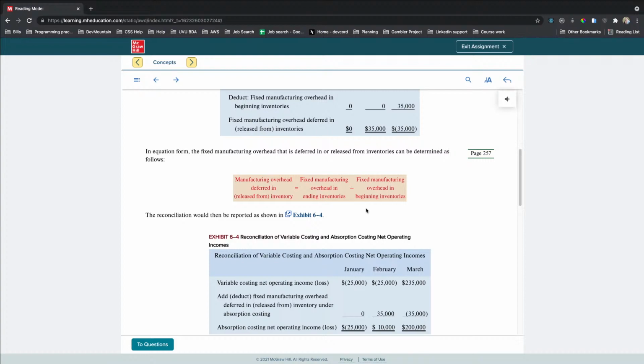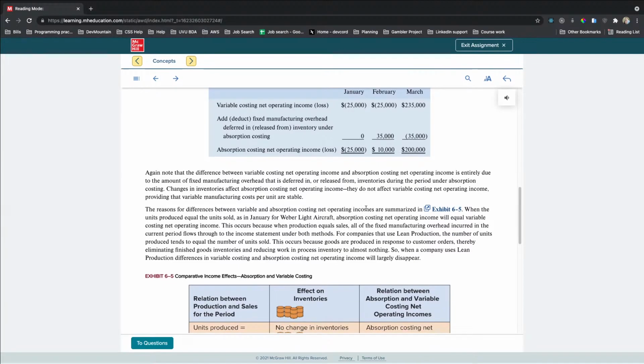If we say fixed manufacturing overhead in ending inventories, so we have 5 airplanes, and we started with 1, and we subtract 5 minus 1, we say, oh, we made an additional 4. The 4 is going to give us the amount that's going to be the difference between the two.